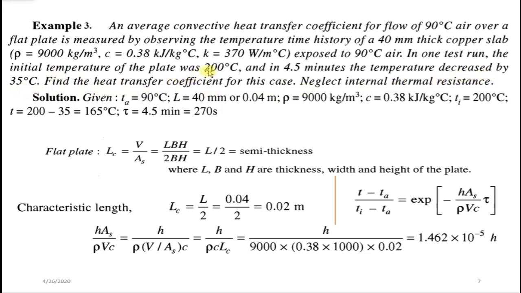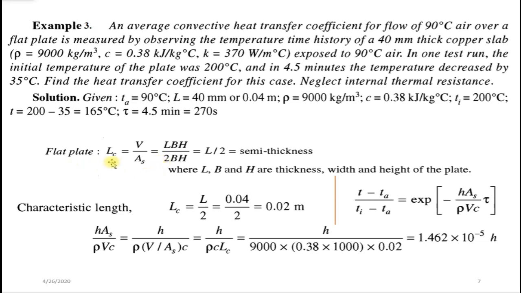Initial temperature was 200 and after the time interval t, 4.5 minutes, the temperature decreased by 35 degrees Celsius. Then the T value after 4.5 minutes is 165 degrees Celsius, subtracting 35 from 200. We have to find the convective heat transfer coefficient.